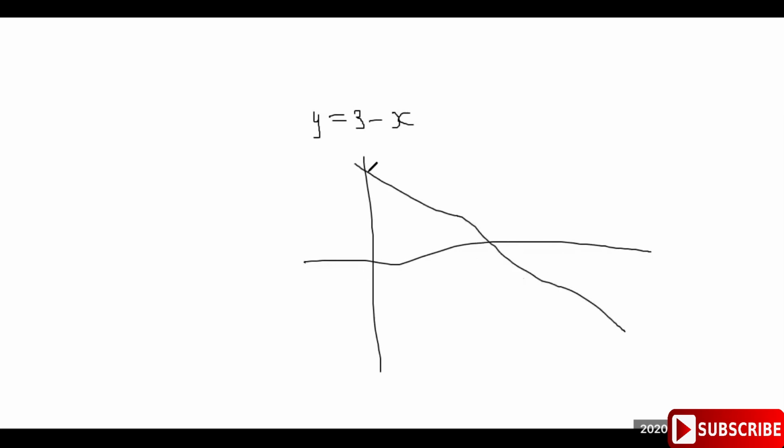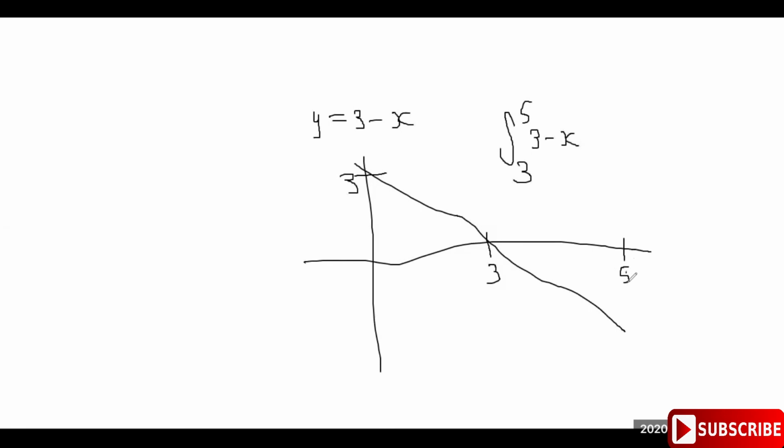It passes through the point 3 and 3. Let's say I want to stop when x is 5. If I ask you to find the integral for this line from 3 to 5, it's going to be negative. The integral from 3 to 5 of 3 minus x.